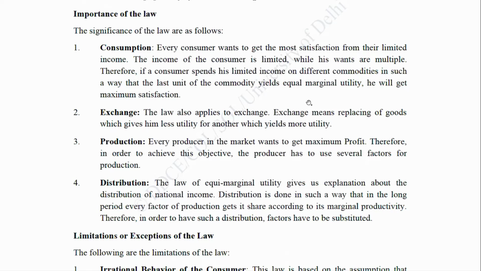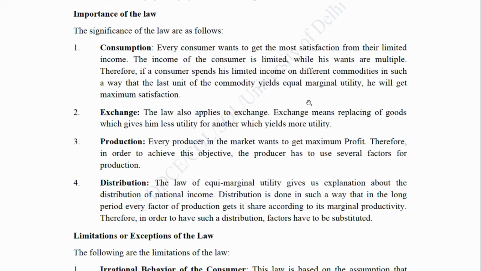Second, exchange. The law also applies to exchange. Exchange means replacing of goods which gives him less utility for another which yields more utility. Third, production. Every producer in the market wants to get maximum profits. Therefore, in order to achieve this objective, the producer has to use several factors for production.